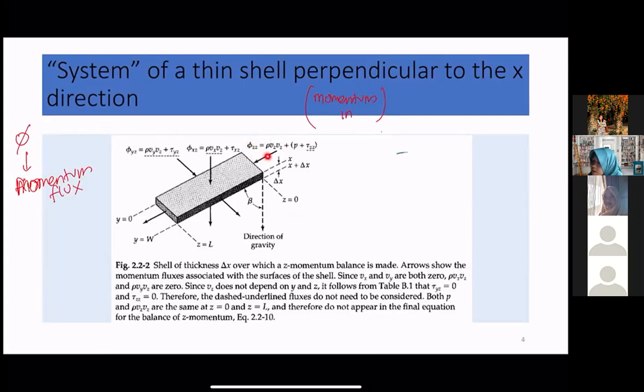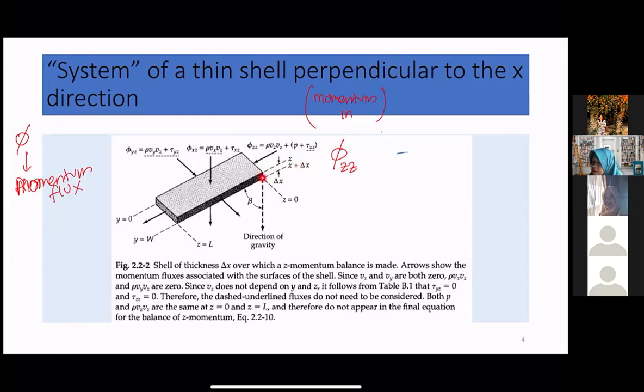So let's have a look here at Czz. Czz means the momentum in the direction of z caused by the velocity Vz. So we can write it as Czz, and then that should be multiplied with the area. What is the area for this case of Czz? Can you try? The area would be the length of y, or W, multiplied with delta x.